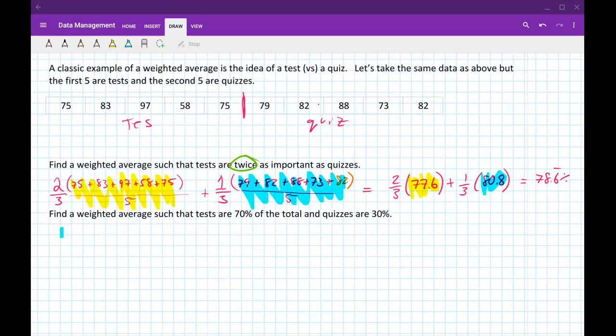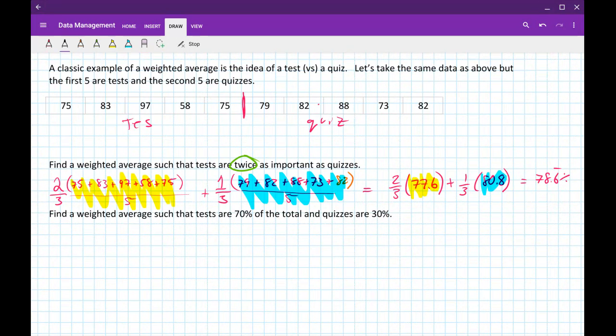All right, so now the next one is find the weighted average such that the tests are 70% of the total and the quizzes are 30%, right? And so we would do basically the same idea, but it's almost the same number.